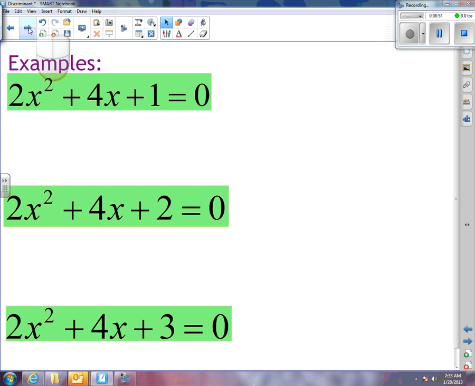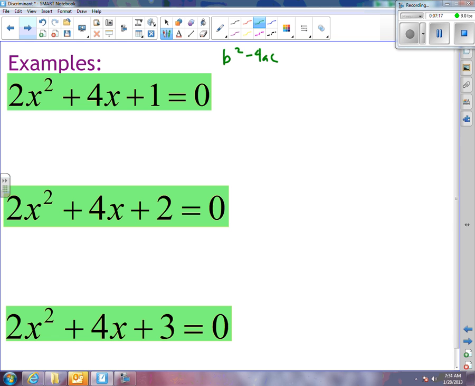So let's just do a few quick examples. Now that you understand the process, you don't have to go through solving the entire quadratic equation. Our only goal is to determine what the solutions will be like, not what they actually are. So for example, here we're just trying to find the discriminant. We're just doing b squared minus 4ac and figuring out what that tells us about our answers.